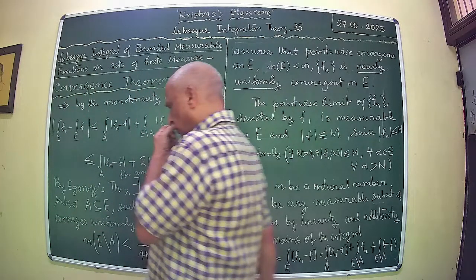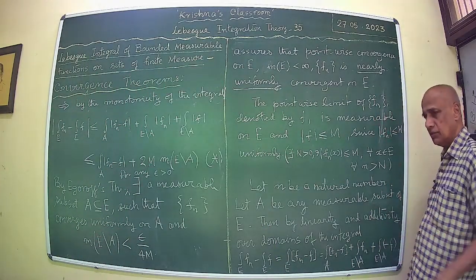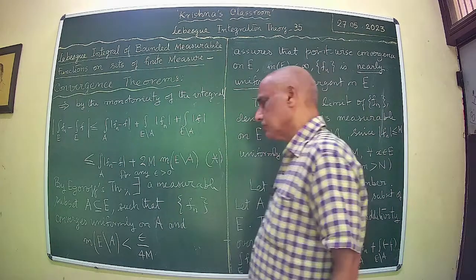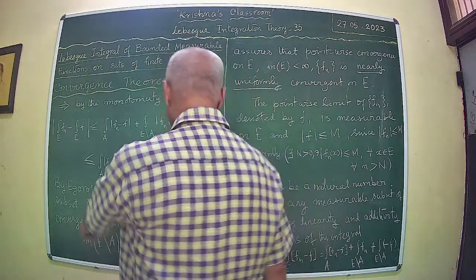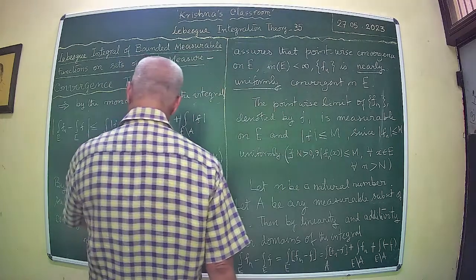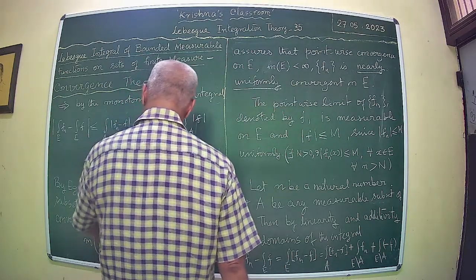So that is possible. That is the conclusion of Egoroff's theorem. There exists a closed subset A of E such that this is true.